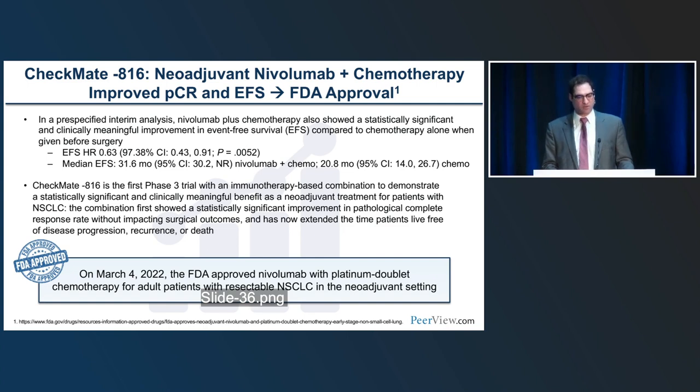And on March 4th, the FDA approved nivolumab with platinum doublet chemotherapy in the neoadjuvant setting for adult patients with resectable non-small cell lung cancer. I would note this data has yet to be fully presented and will be presented at the upcoming AACR meeting in April, where we look forward to diving into the data in terms of PD-L1 expression and outcomes and other factors of patients who may preferentially benefit or not.